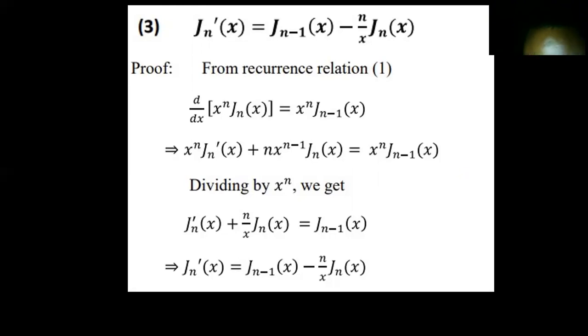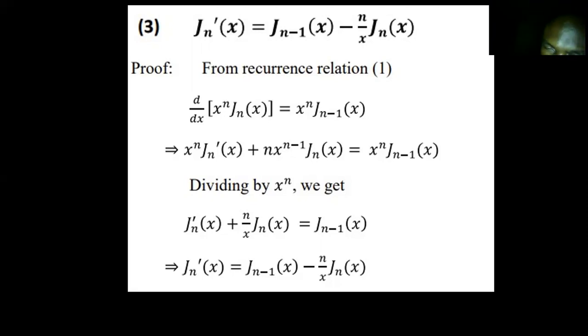Then if I divide through by x raised to power n to make the coefficient of the derivative of Bessel function of n equal to 1, then I have n divided by x Bessel function, and I collect like terms: n divided by x times J_n equals J_{n-1} of x.